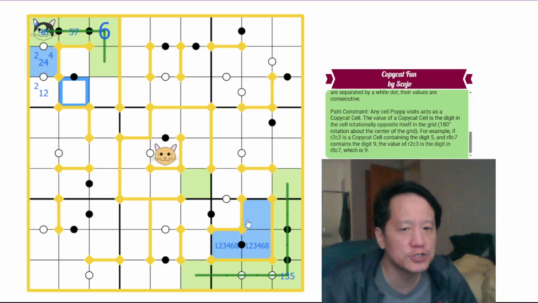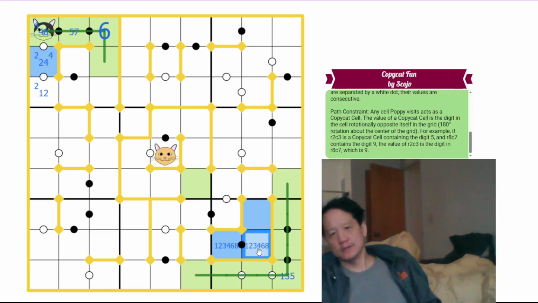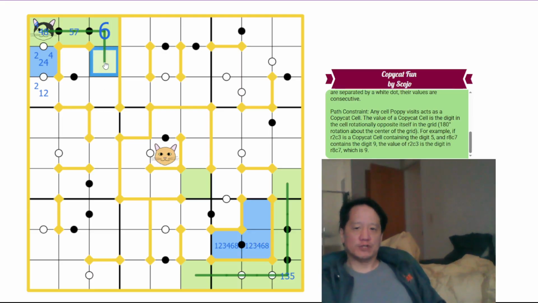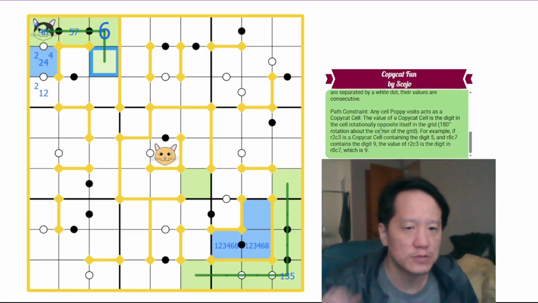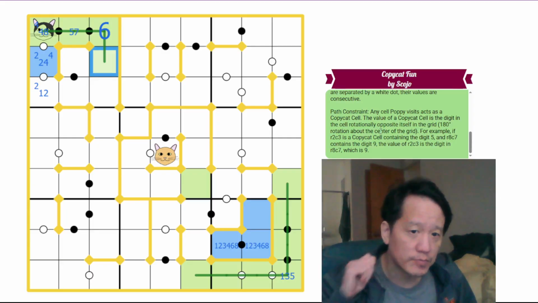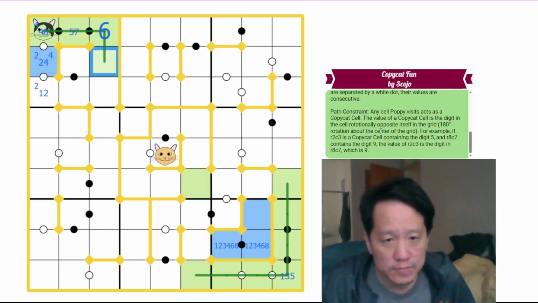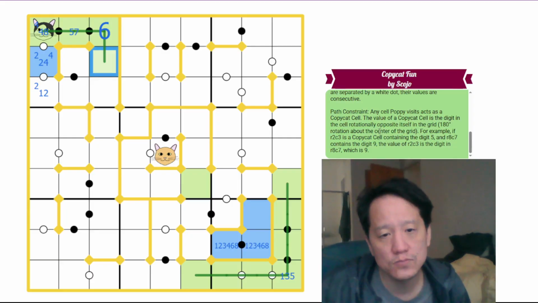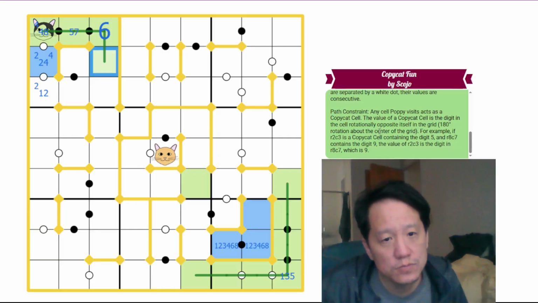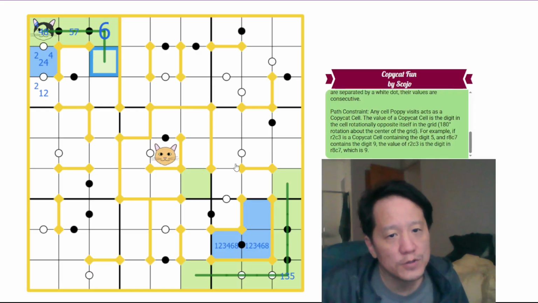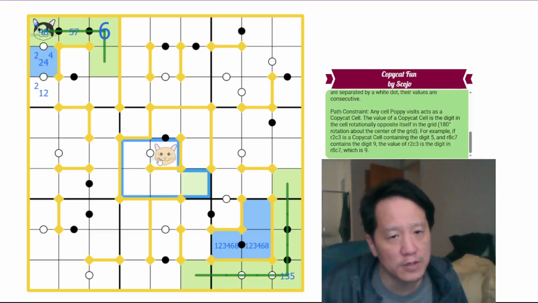So this matches with that. This matches with that. This we don't care what the value is, so it's not that important. This has to go either this way around or this way around.